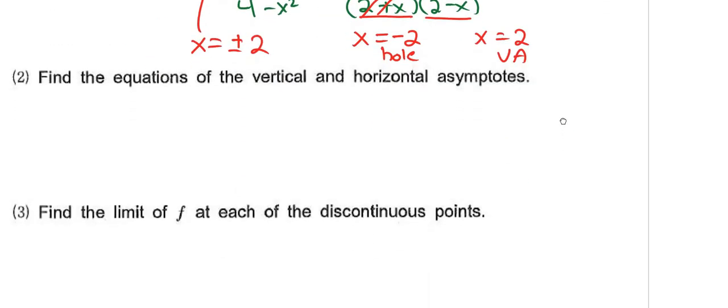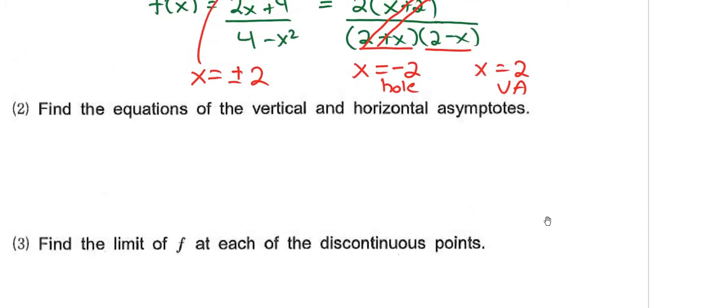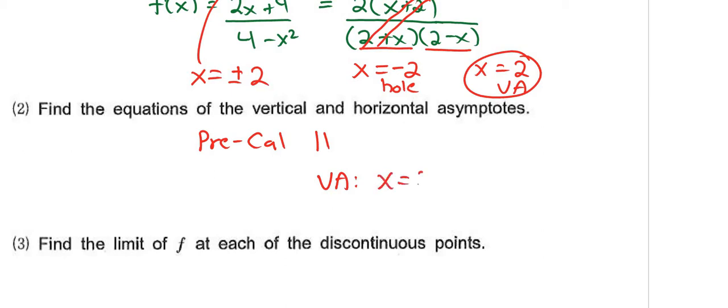Part 2 says find the equations of the vertical and horizontal asymptotes. For this question here, we want to rely on our pre-calculus 11 knowledge, and the vertical asymptote, well, we already found it in part 1, so the vertical asymptote happens when x equals 2.